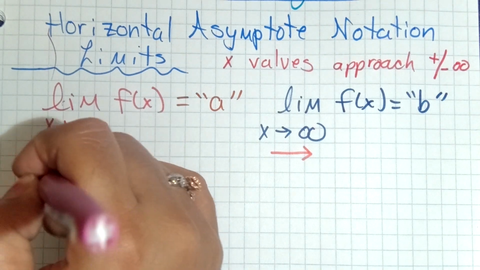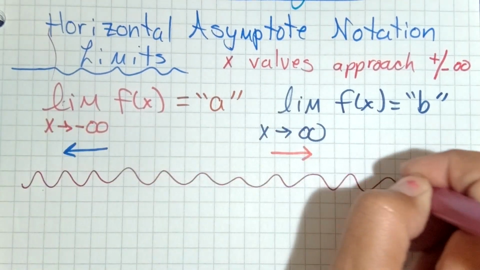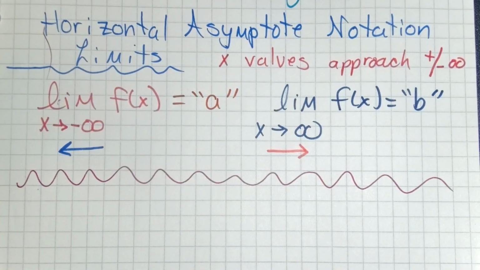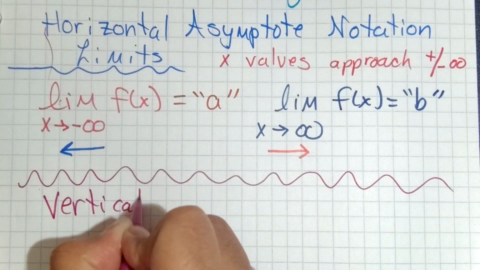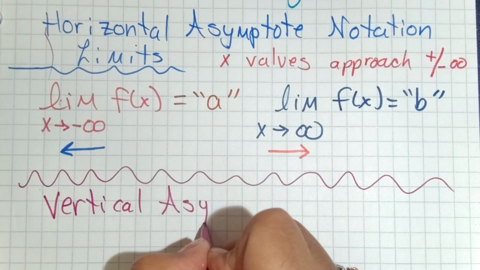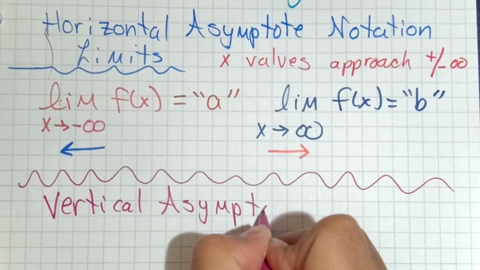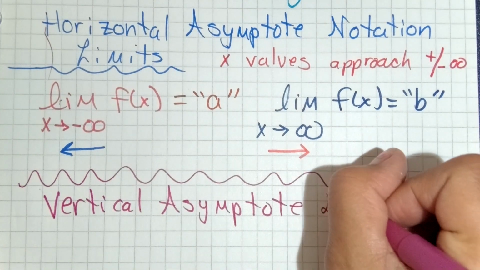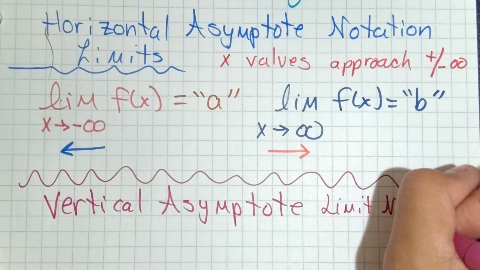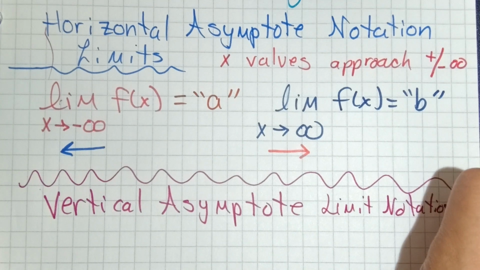All right, last notation, and then we will get to the example. Vertical asymptote. Oops, I put these two backwards.